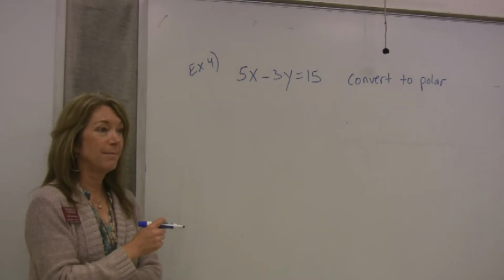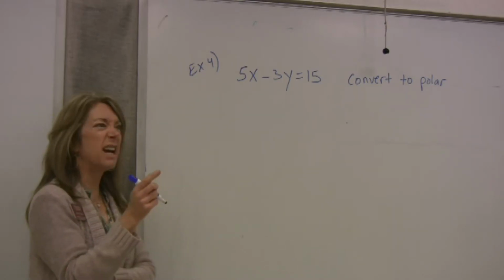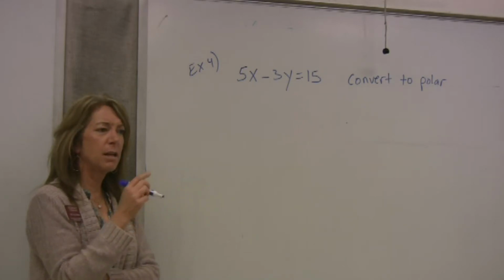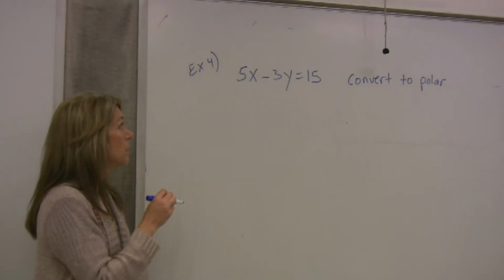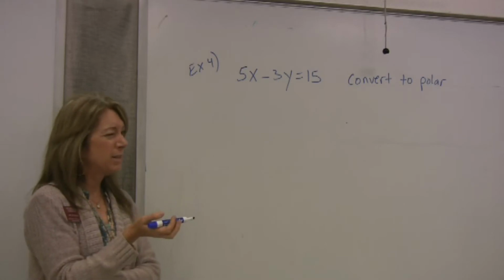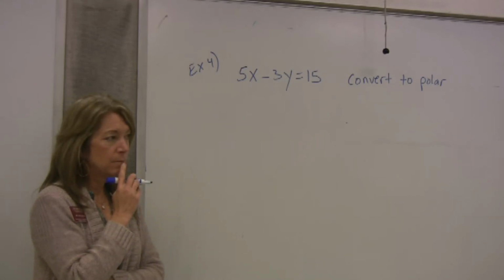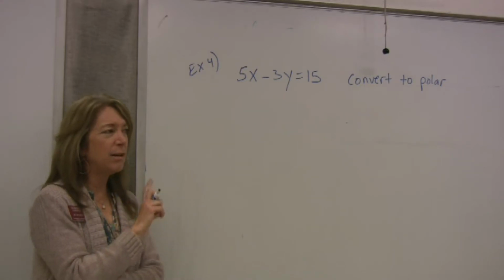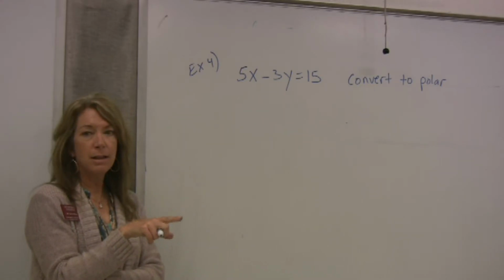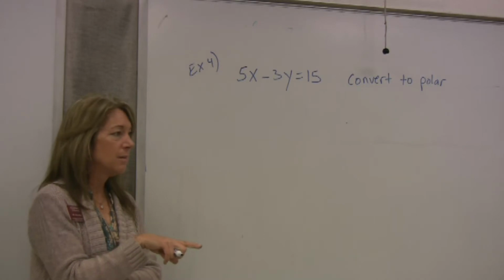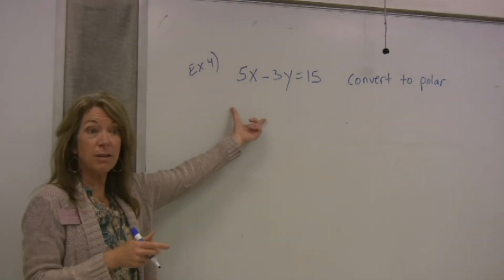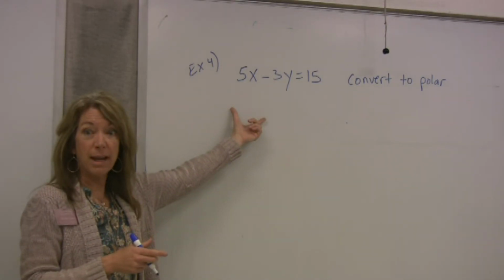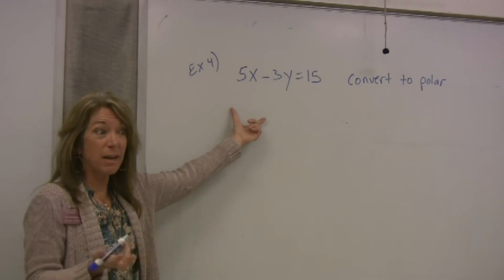Couldn't you square both sides? I could square both sides, but that might give me a mess. I don't have x squared and y squared though. I don't even need to solve for individual variables, I'm just trying to get rid of all my x's and y's and change them to r's and thetas. Just replace them with the definitions: x equals r cosine theta, y equals r sine theta.